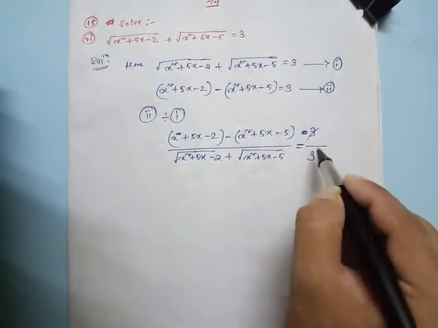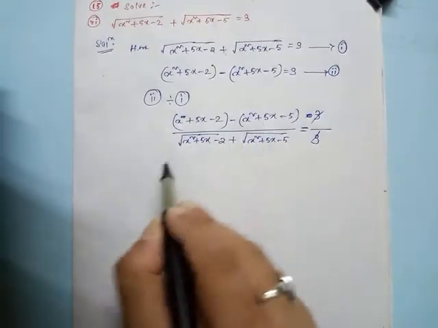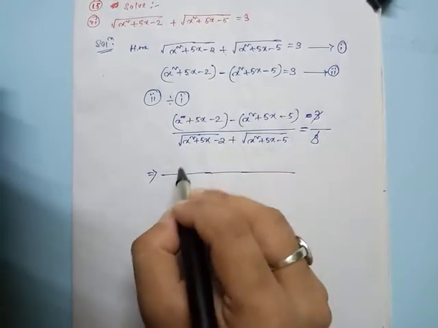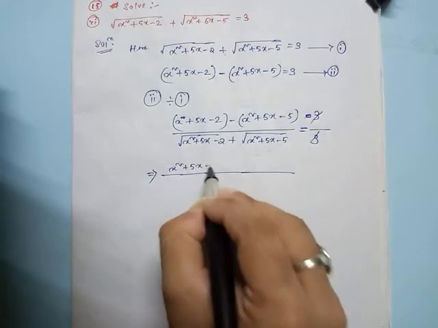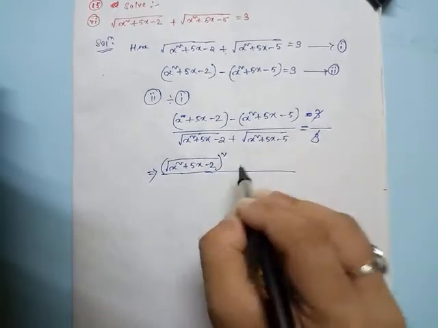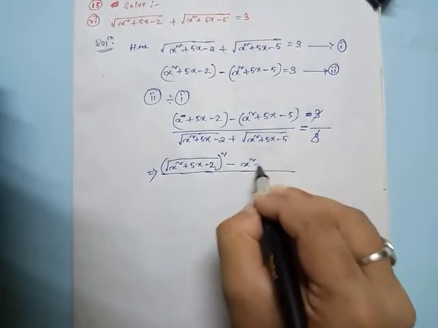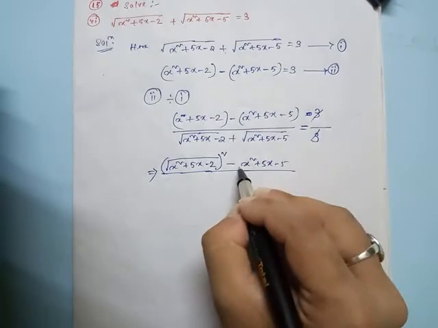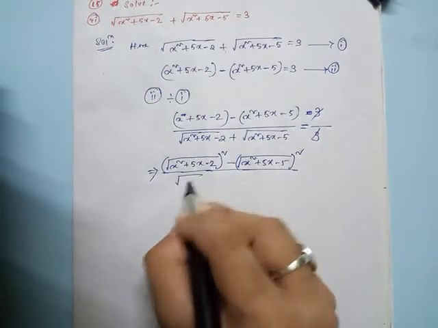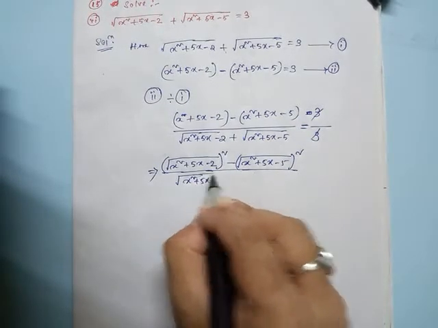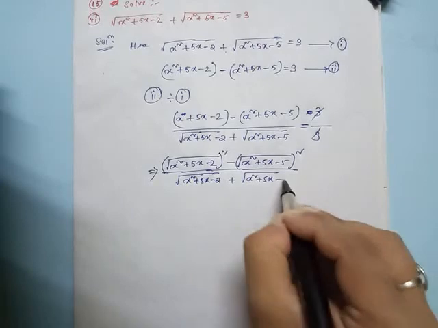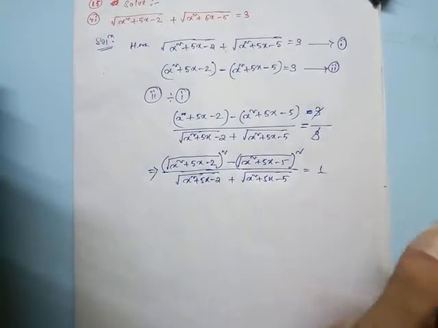Now student, 3 and 3 cancel, so here would be 1. After that give the implies sign, and this x square plus 5x minus 2 can be written in the form of root over this whole square, and this x square plus 5x minus 5 can be written as root over this equation whole square, and this will remain the same, x square plus 5x minus 2 plus x square plus 5x minus 5, and here would be 1.